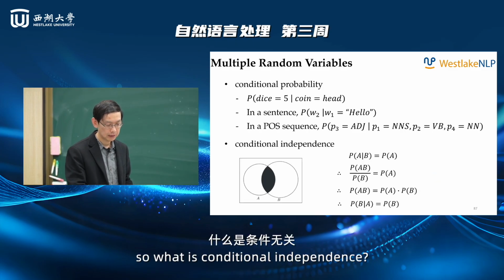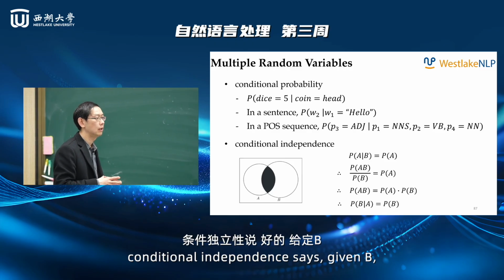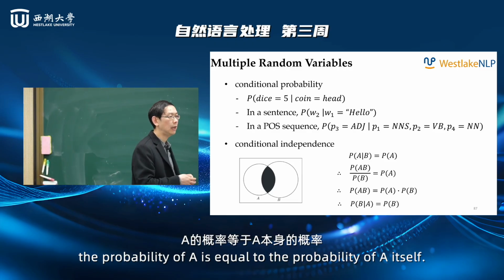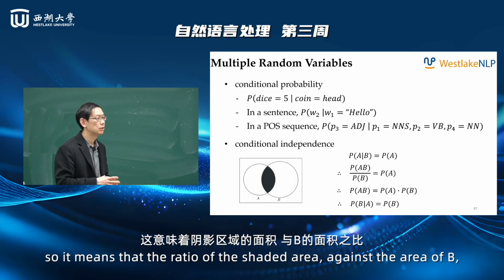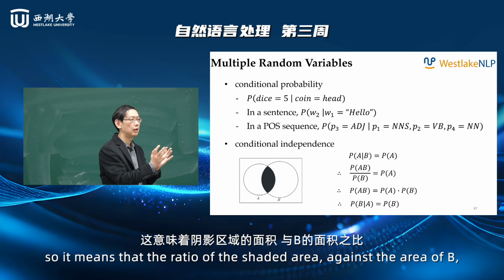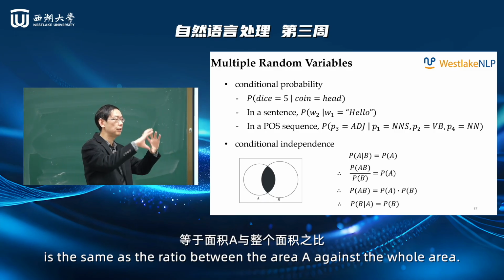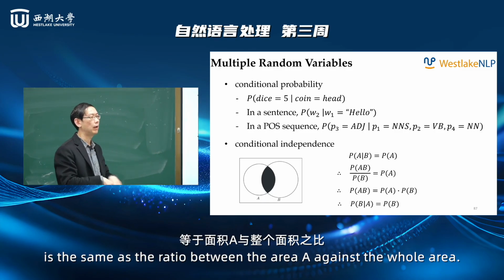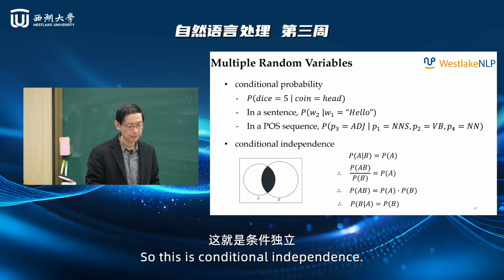So what is conditional independence? Conditional independence says, given B, the probability of A is equal to the probability of A itself. It means that the ratio of the shaded area against the area of B is the same as the ratio between the area A against the whole area.